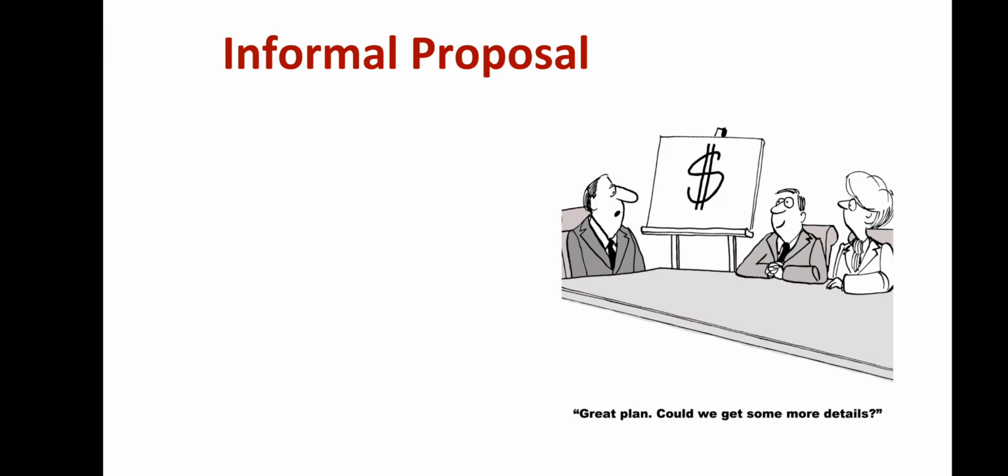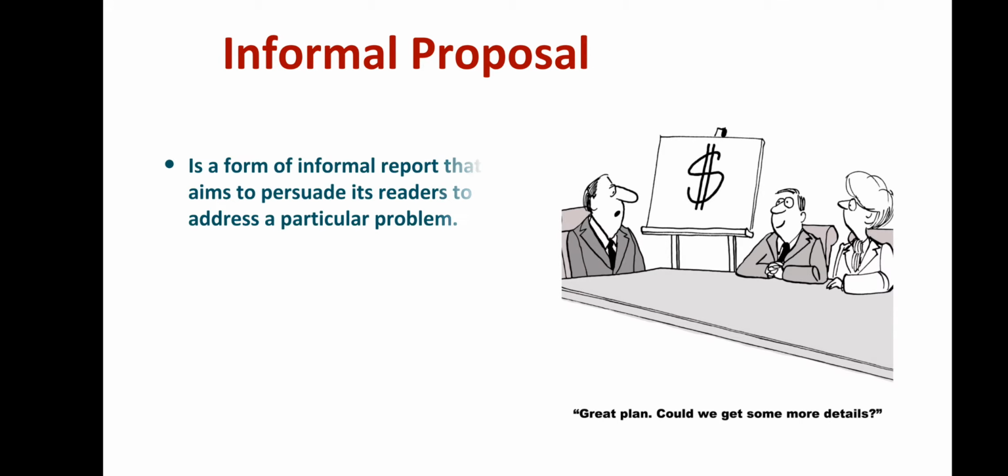Okay, so let us proceed with what an informal proposal is. An informal proposal, class, is a form of informal report that aims to persuade its readers to address a particular problem. Informal proposals are written when people need to ask permission to make a purchase, undertake a project, or write a paper.